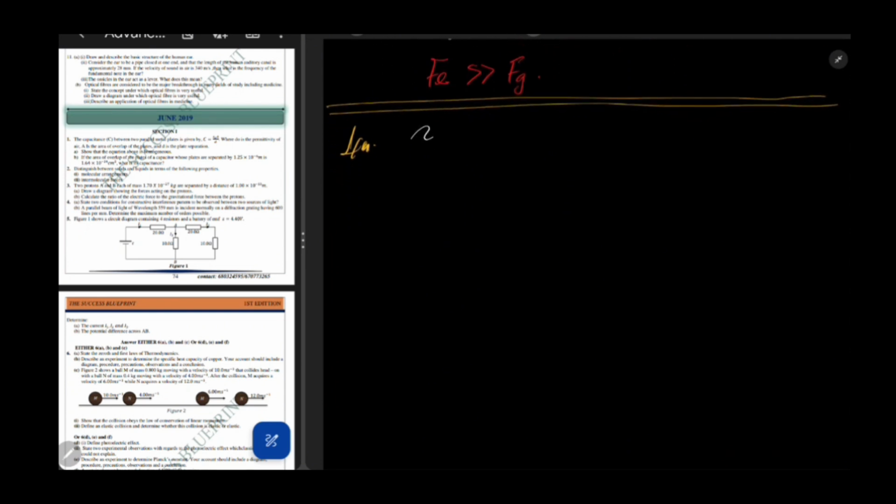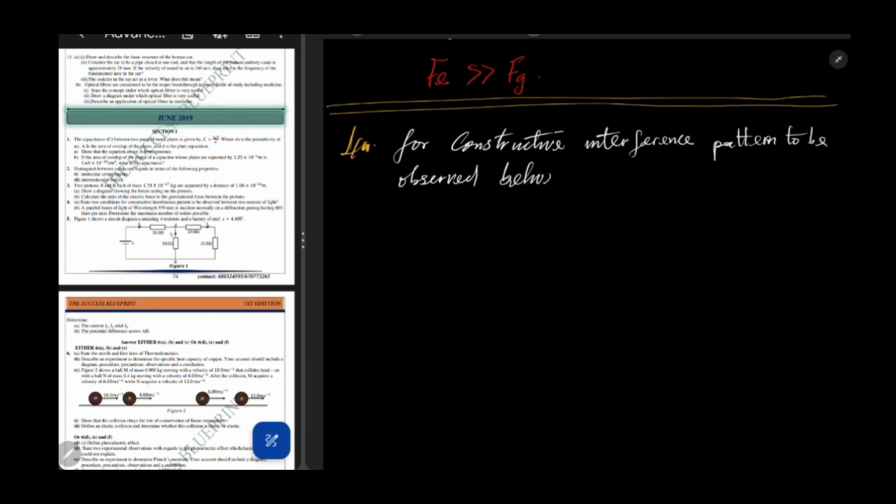Putting that in writing, for constructive interference to be observed between two sources of light, we have these two conditions.